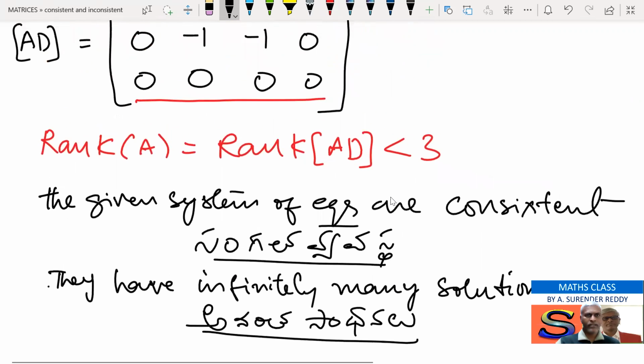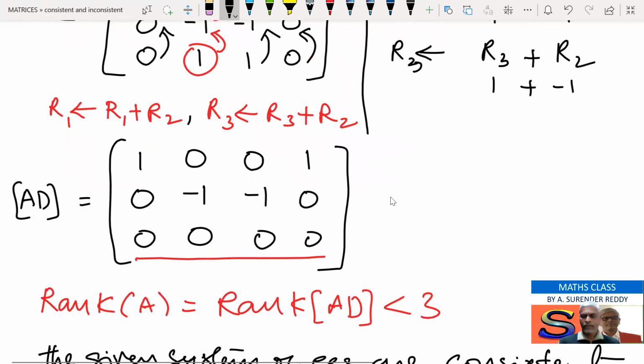So we can write the solution: the first one is x is equal to 1.